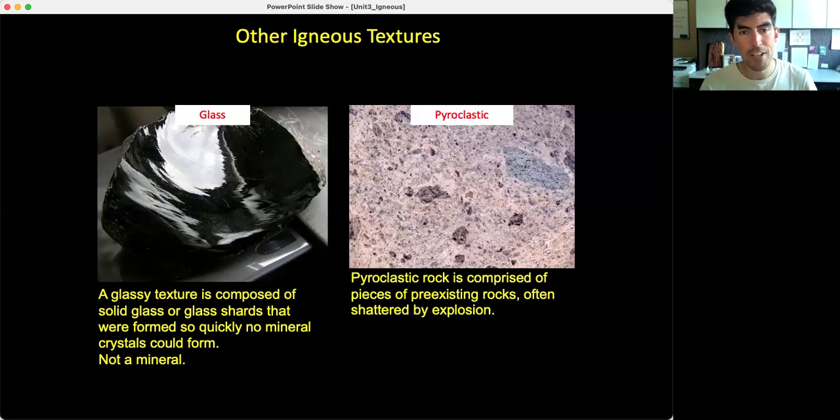And it sort of creates a deposit of that lava that has been thrown and moved to a new location. So it's composed of previously existing rocks that pre-existed that eruption and are incorporated into the new lava or ash that has been sent out.